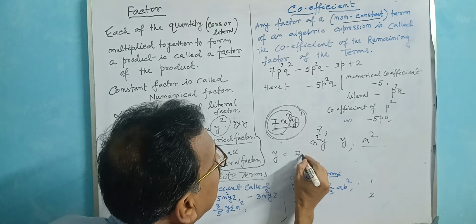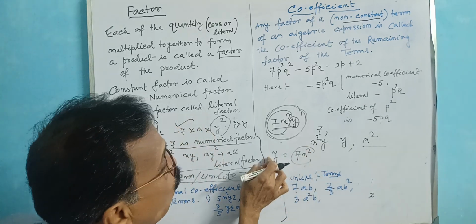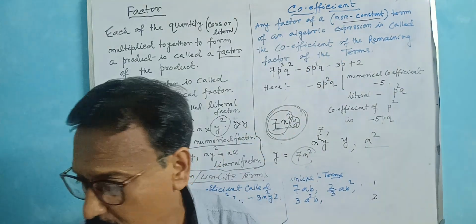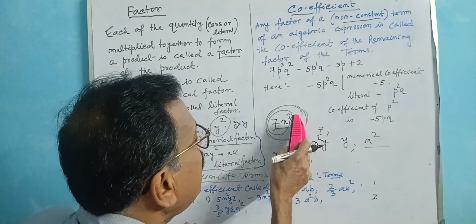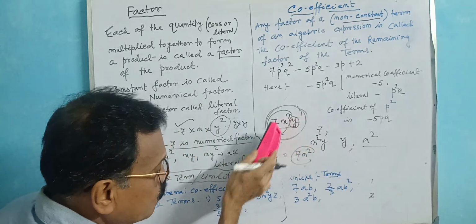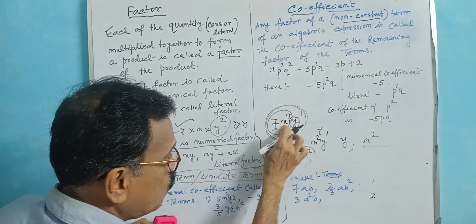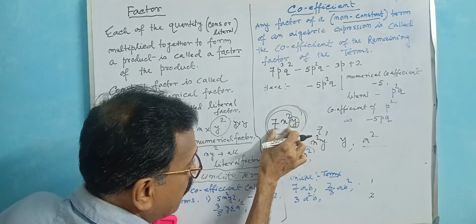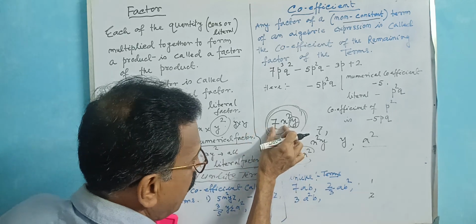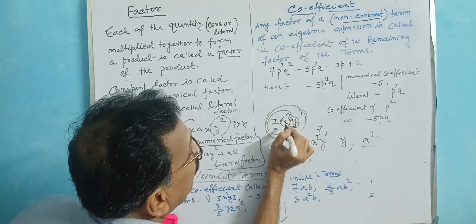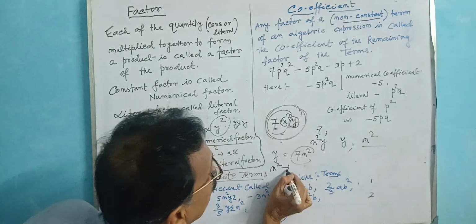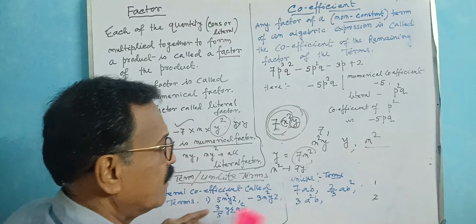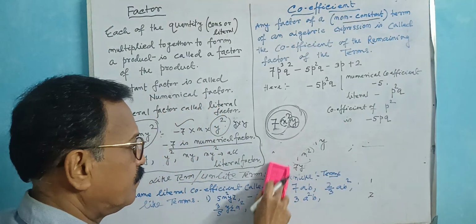What is remaining? 7x square is the remaining. So y is the coefficient of 7x square. This is actually the meaning. Clear? Suppose x square: x square is the coefficient of what remains, 7y. This is a very important thing.